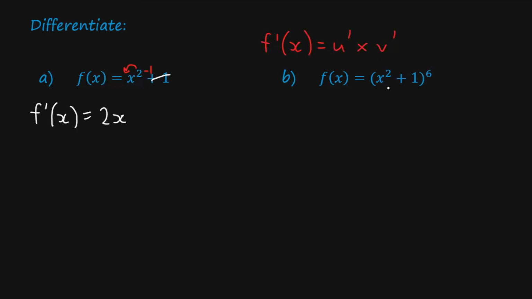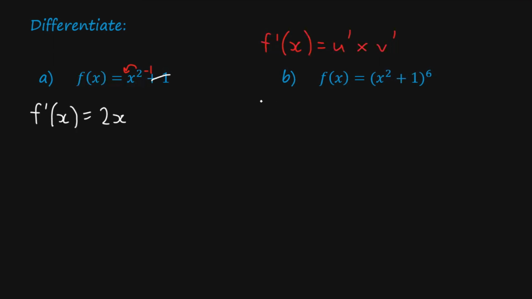It's almost like we've got two functions here. We've got x squared plus 1, which is our original function that we looked at in the first question, but then we've got that within another function: x squared plus 1 within something to the power of 6. So there's two functions going on here.